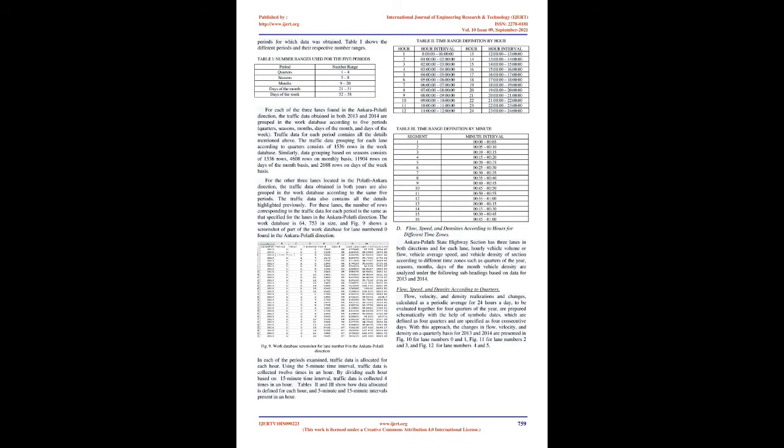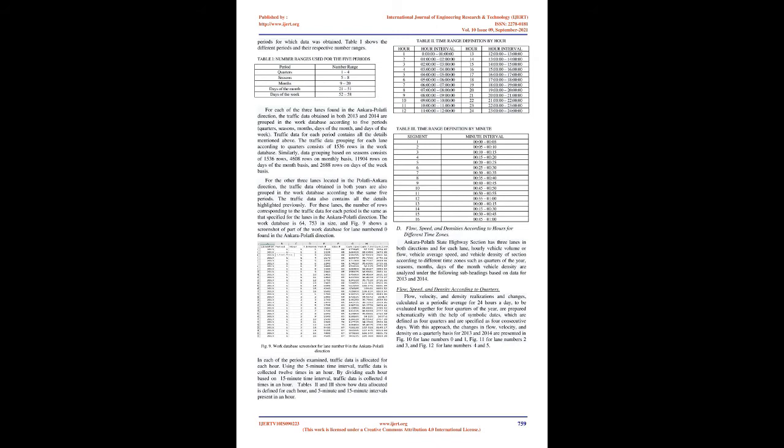However, the maximum flow occurs in the first quarter of 2013, while the maximum intensity is observed in the first quarter of 2014. The highest average speed observed is 131 km/hour, and this is seen in the first quarter of 2013 at 1920 on lane number 2.